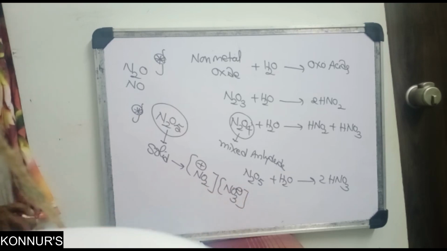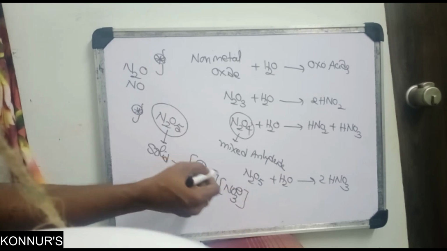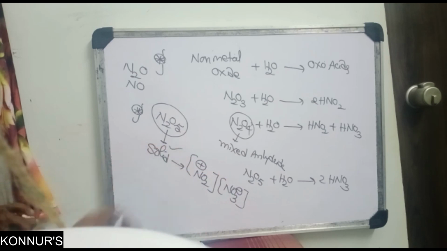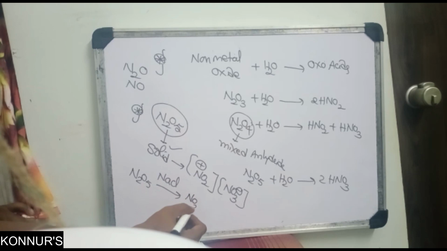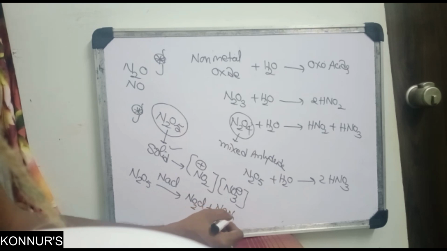Because of strong electrostatic attraction between plus and minus, it is available as a crystal or solid. Because of this, suppose N2O5 reacts with NaCl, what is the answer? NO2 plus reacts with Cl minus, your answer is NO2Cl. Na plus reacts with NO3 minus, giving NaNO3.